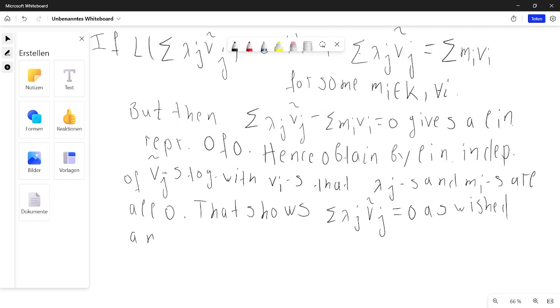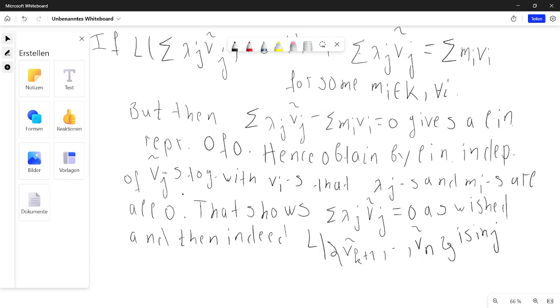Again, indeed, L restricted to the span of v_{k+1} to v_n is injective.